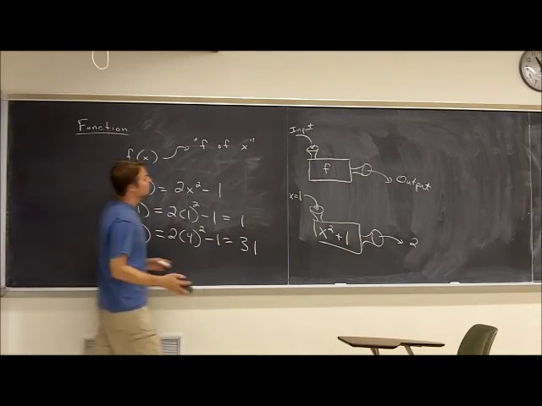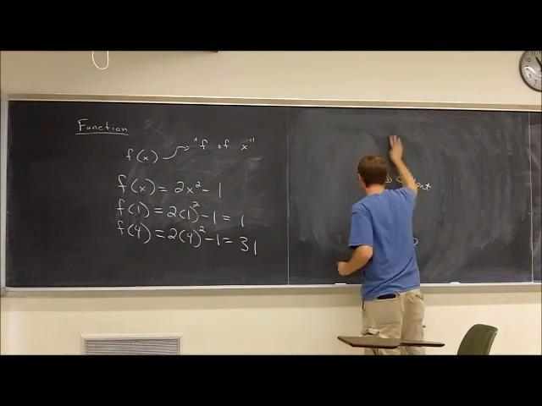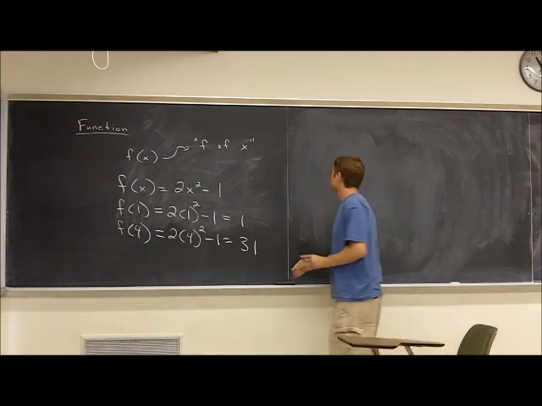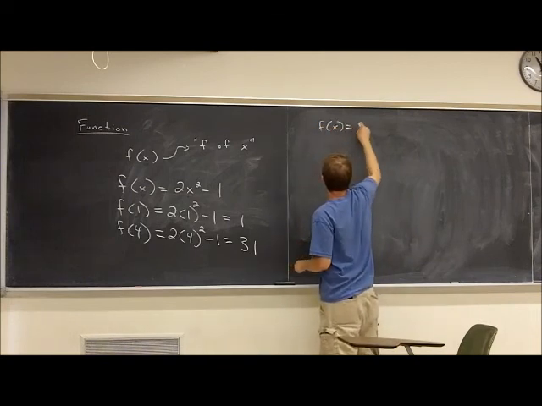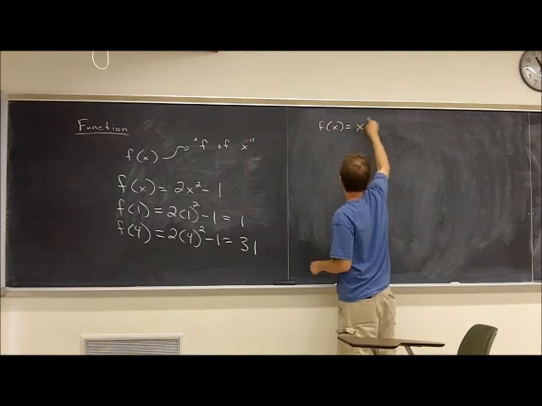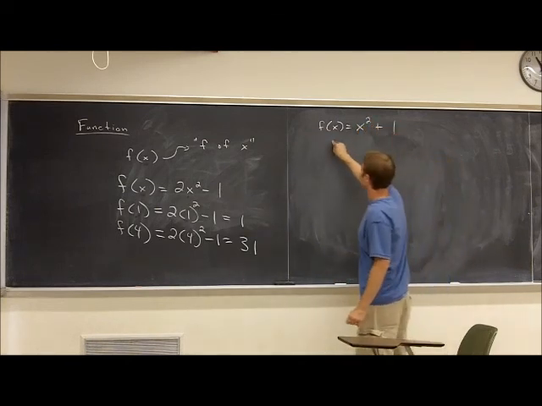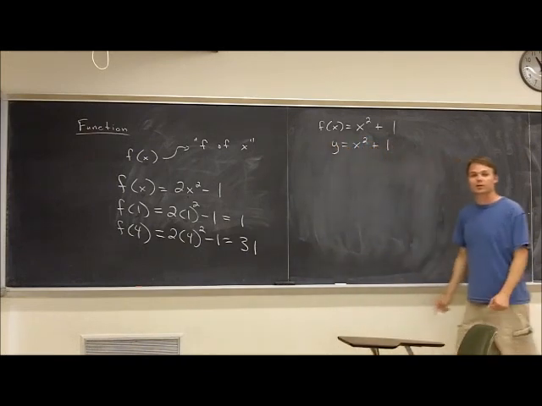In this case, my input to my function was a 4, and my output of my function was a 31. So why is this important? Well, if you think about a graph, a lot of graphs are functions. For example, I think we looked at this one last week, f of x is equal to x squared plus 1. Or maybe a better way to write this, if you're thinking of graphing, is y is equal to x squared plus 1.